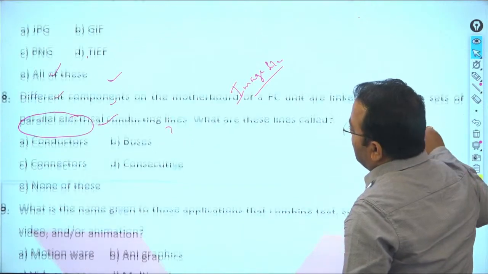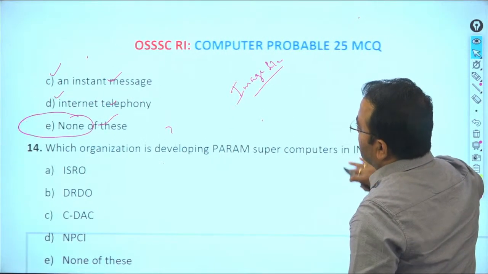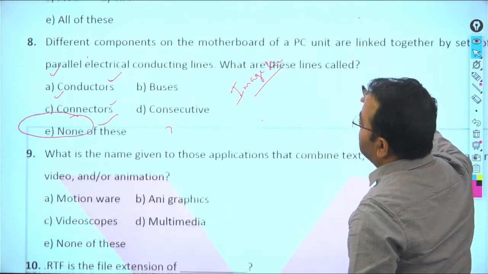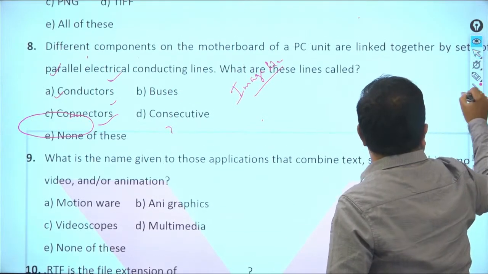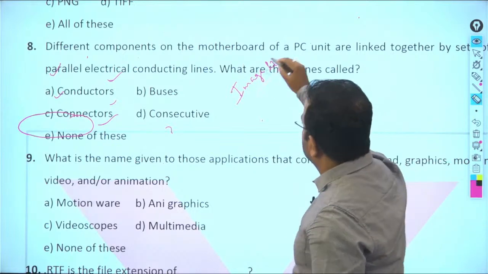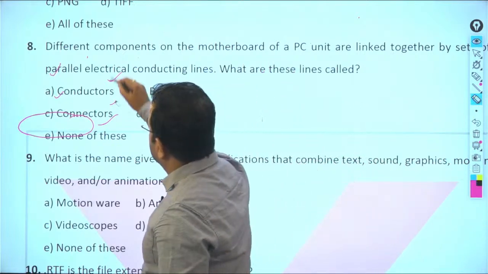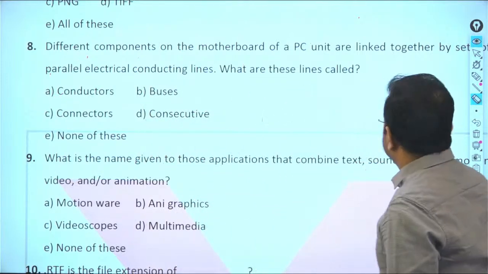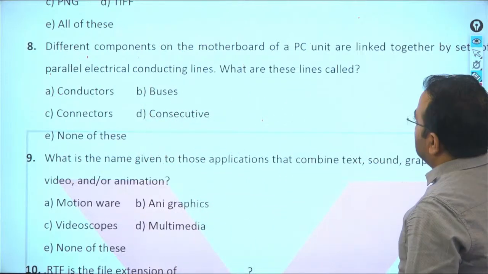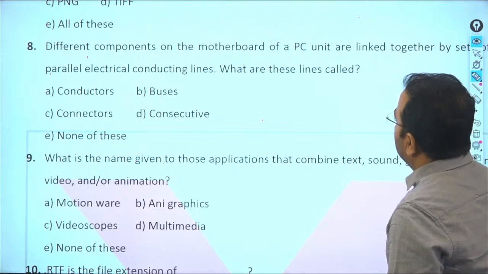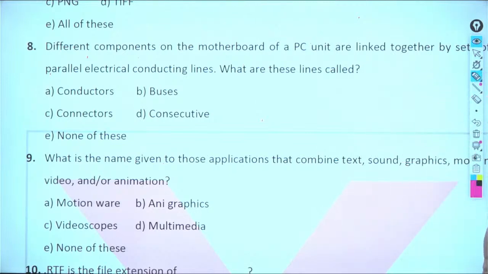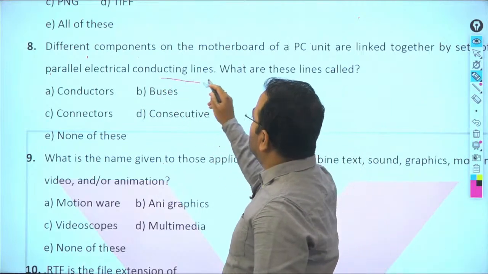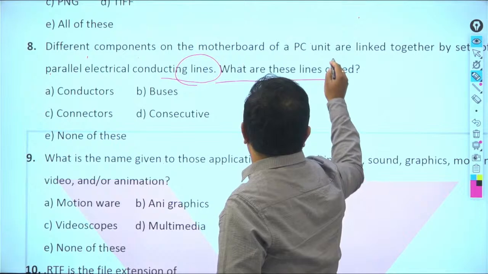Then goes to question number 8. In question number 8, different components of the motherboard on the PC unit are linked together by a parallel electrical line conducting, what is this line called?